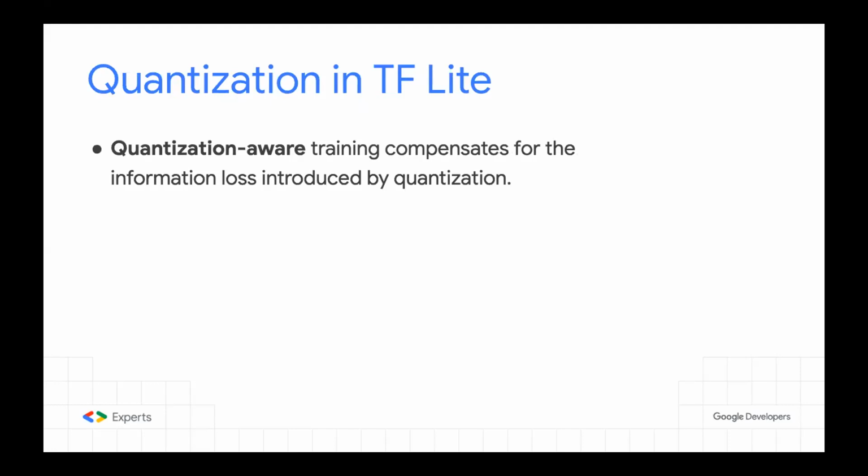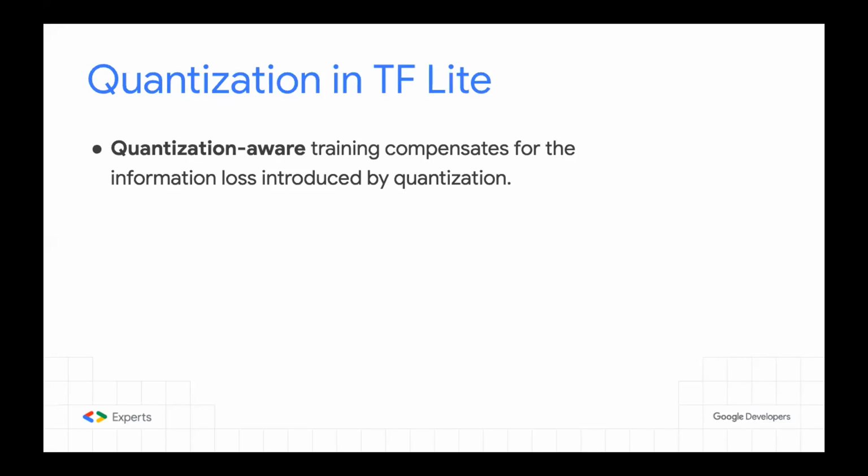As opposed to post-training quantization, in quantization aware training we try to compensate for the information loss that would get introduced by quantization. Typically, when you reduce the precision scheme with which the model's parameters are represented, it results in information loss, because you are not precisely denoting all the parameters that your model is learning.